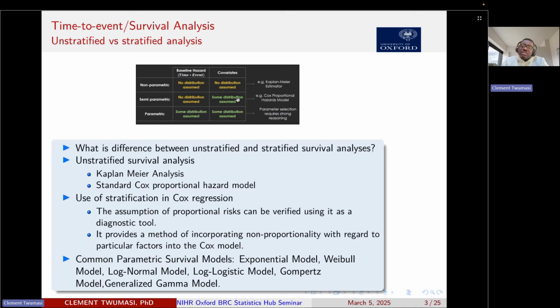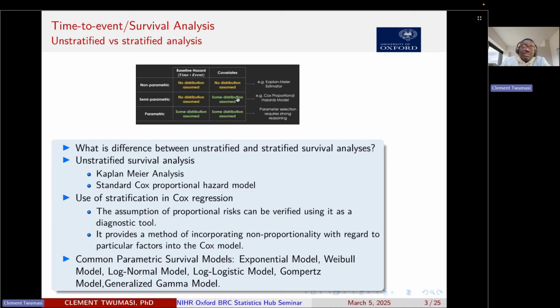Another very important assumption, the constant hazard proportion assumption, is that the effect of each covariate on the outcome must remain constant over time. This is to say the hazard ratio between different groups of a particular variable should be time invariant, or should not be time varying, or should remain constant over time.